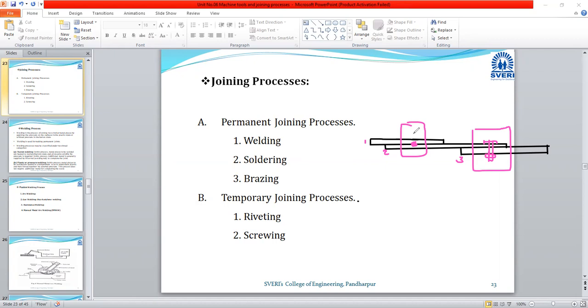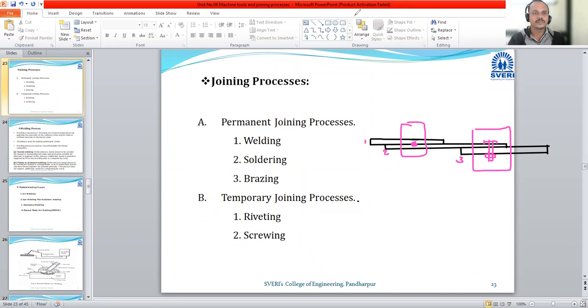Here in our syllabus, we have only permanent joining processes. We don't have temporary joining processes.